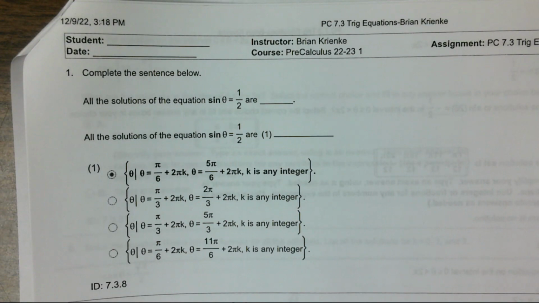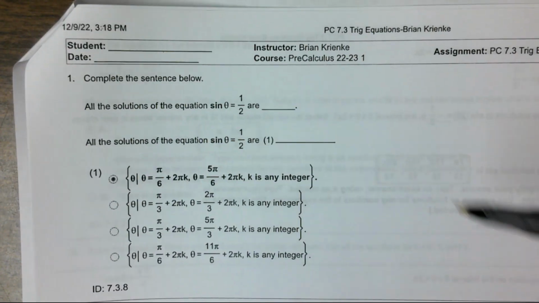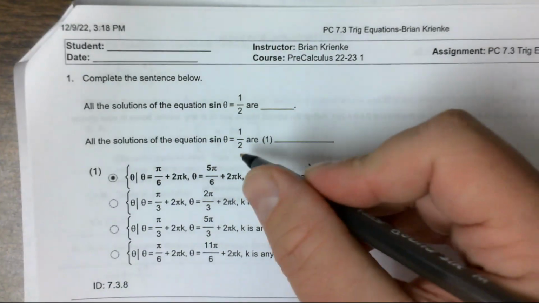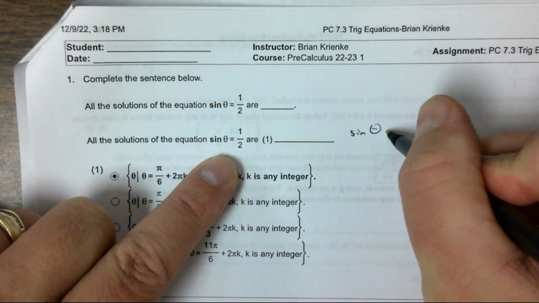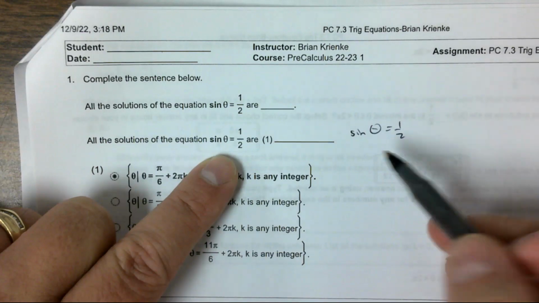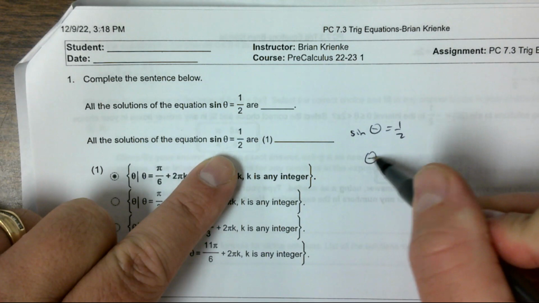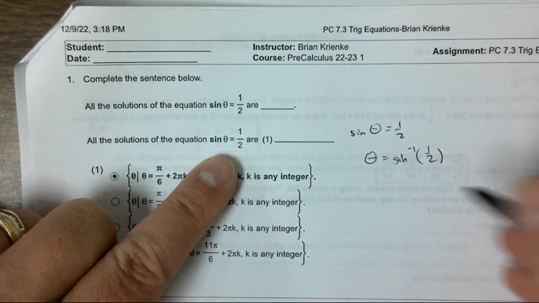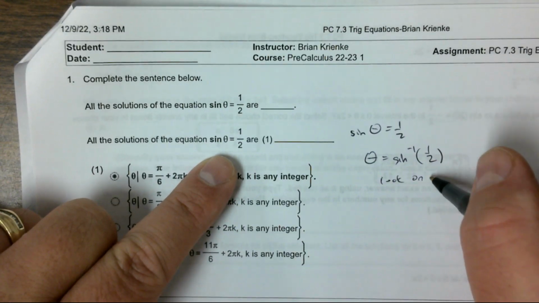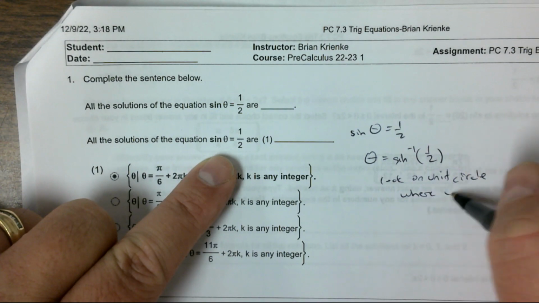Now it looks like I accidentally did number 1 for you, where it says sine theta is a half. Well, let's do it again. If you use the technique from a previous lesson, you're solving for theta, so you do inverse sine of both sides. And so that means look on the unit circle where y equals a half.